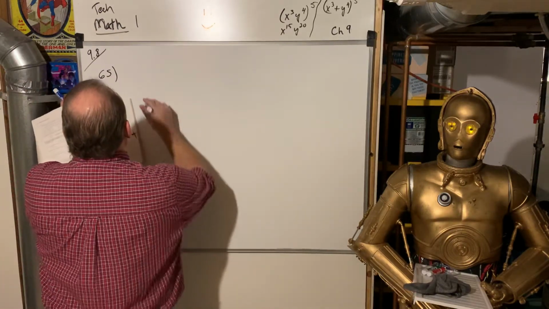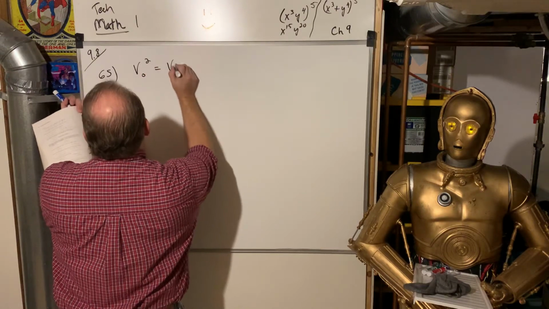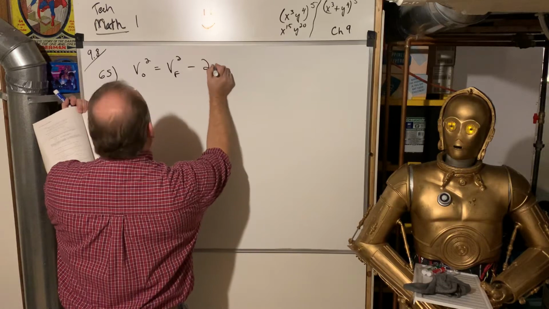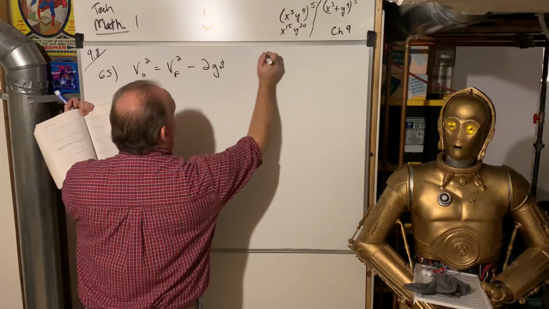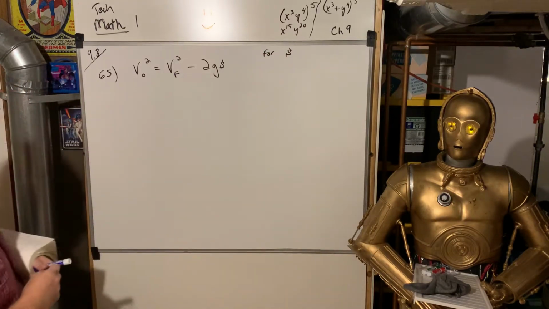And what are we doing here? v naught squared is equal to v sub f squared minus 2gs. And they want me to solve for s. Okay, so they just upped the game a little bit, no big.